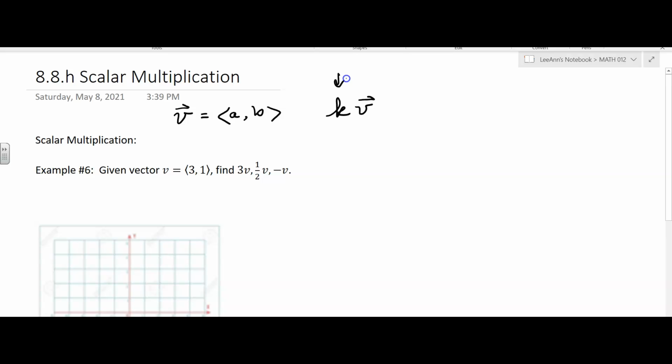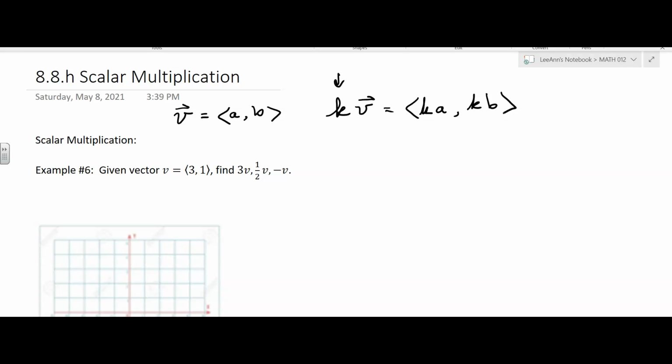This is just like a real number here, 5. It's not a vector, okay? So, and then we have the vector that we're multiplying it by. That's going to equal, and you might suspect this, ka comma kb. So you just take the scalar, the real number you're multiplying by, and you multiply it by the components, okay? The a and the b.